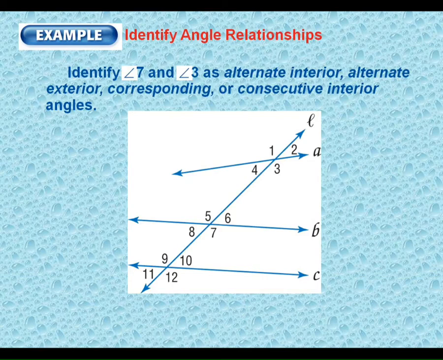Identify angle 7 and angle 3. So let's look at those and find out which type they are. Now they're not consecutive, right? Because consecutive, 3 and 6 would be consecutive interior.